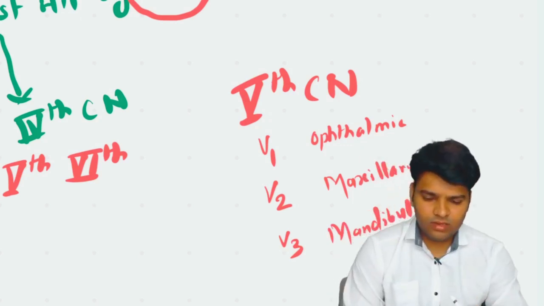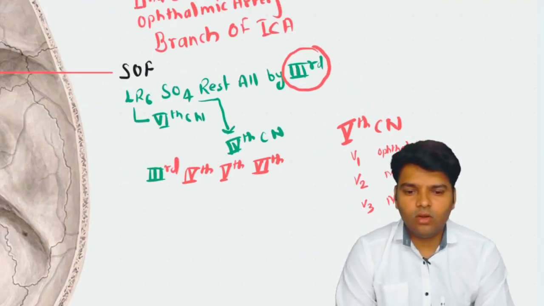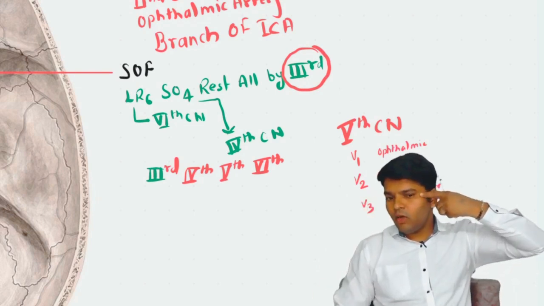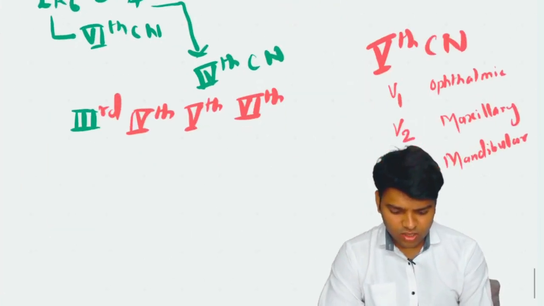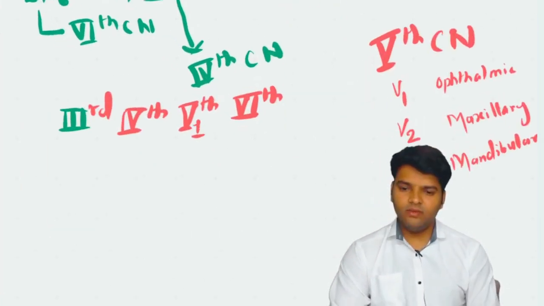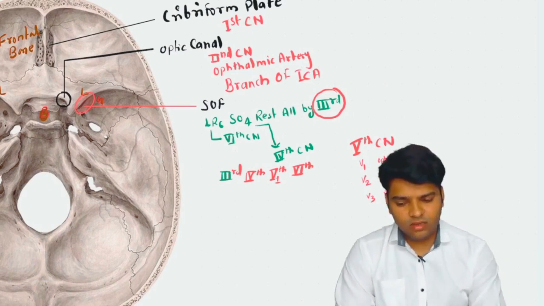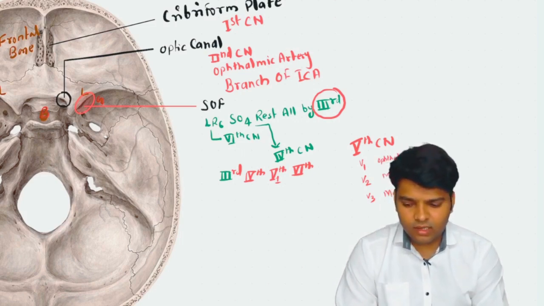The trigeminal nerve is divided into three main branches. Because it enters the orbit, the ophthalmic area, the ophthalmic branch passes through the superior orbital fissure, meaning V1, the ophthalmic nerve, a branch of the trigeminal nerve, passes through the superior orbital fissure.